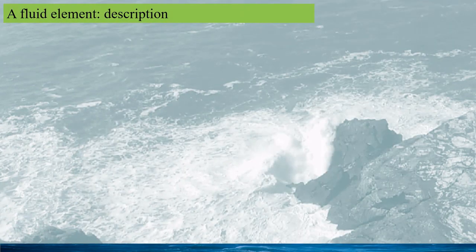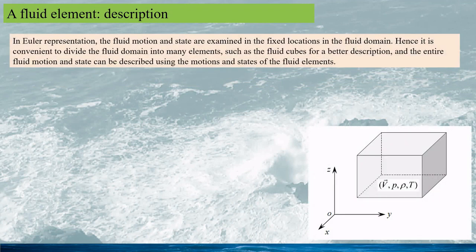In the Eulerian representation, it is convenient to divide the fluid domain into many small elements, all fixed in the places. For a good illustration, cubes are most used, as seen in the figure.